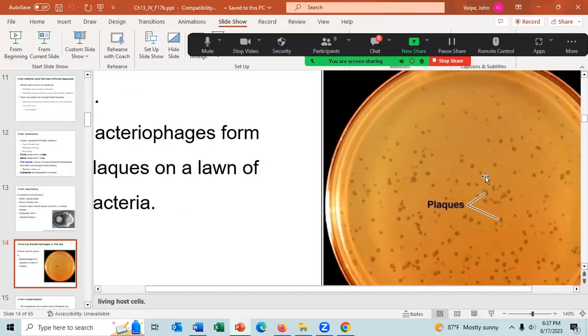And you can count how many plaque forming units were in the solution. If this was the direct solution that we made, then there would be, oh gosh, 100 to 200 viral plaque forming units per mil, assuming they put 1 mil of the solution on this plate.